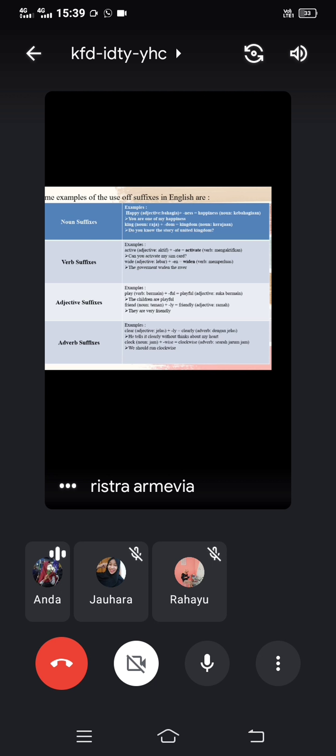For example, he tells it clearly without thinking about my heart. Clock, a noun meaning jam, plus -wise becomes clockwise, an adverb meaning searah jarum jam. Next, we should run clockwise.